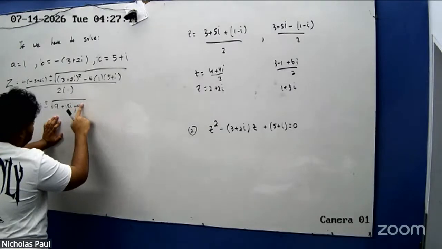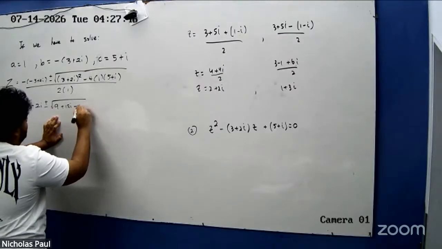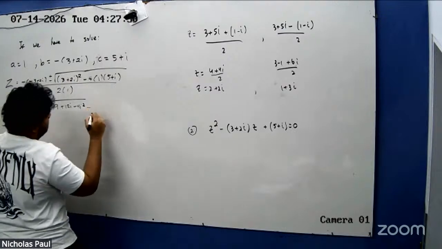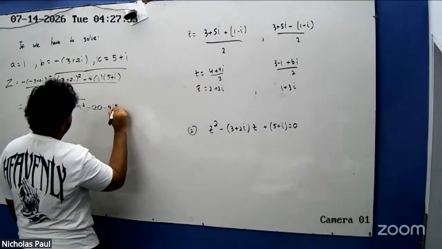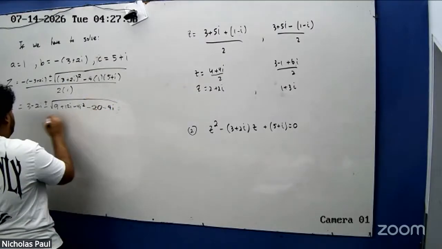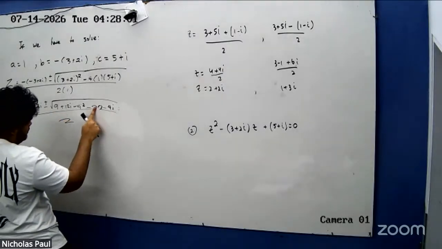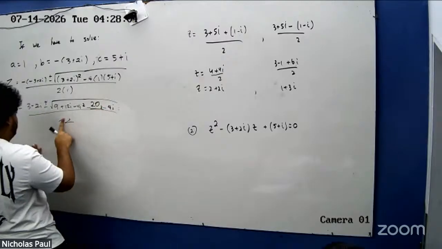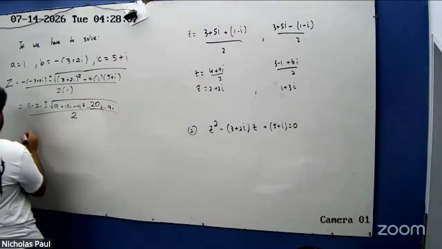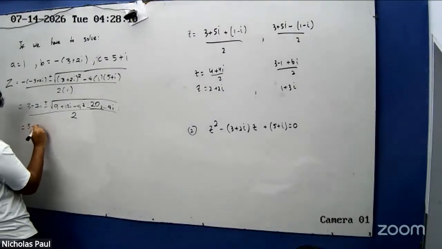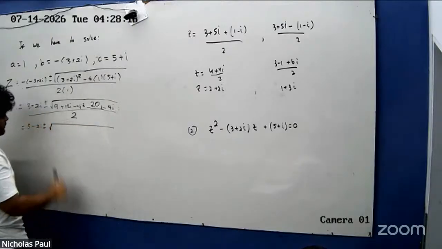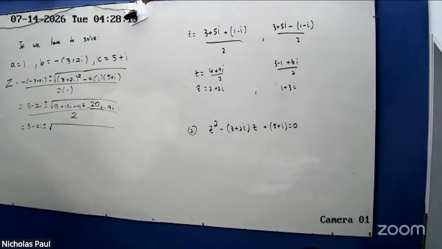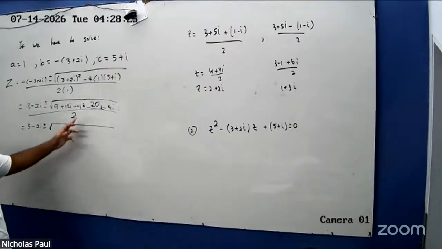Wait, 4 minus y squared. Nine, i squared.